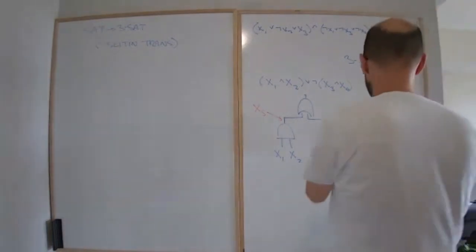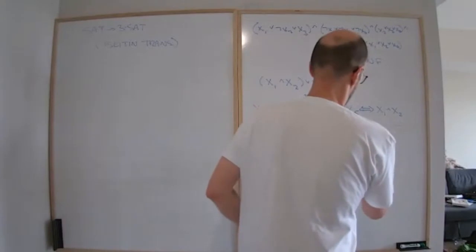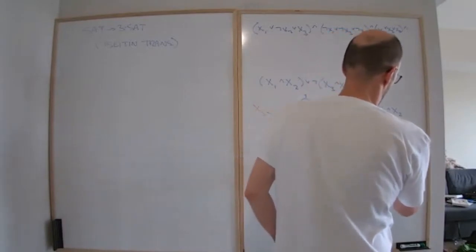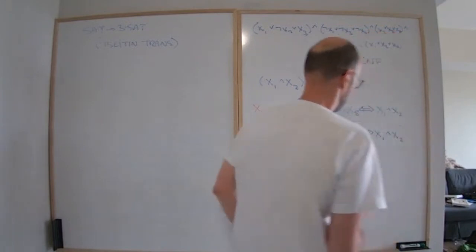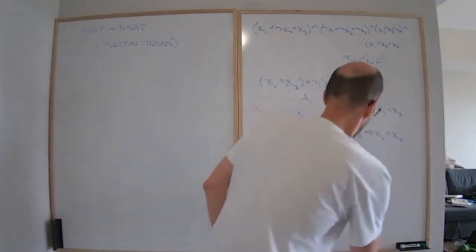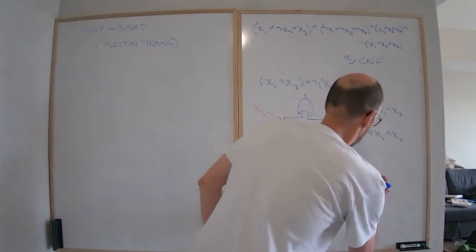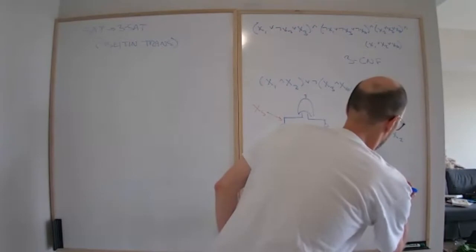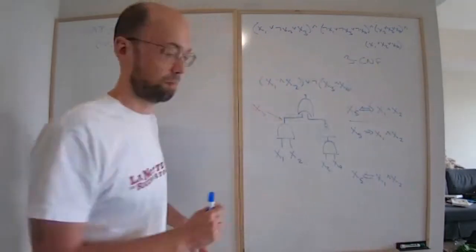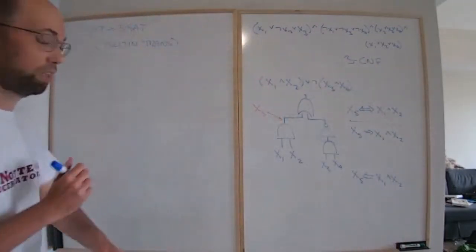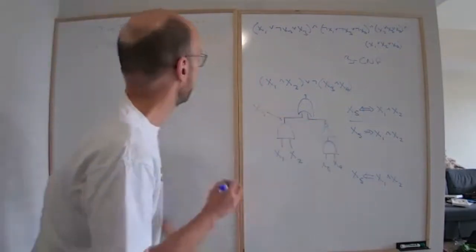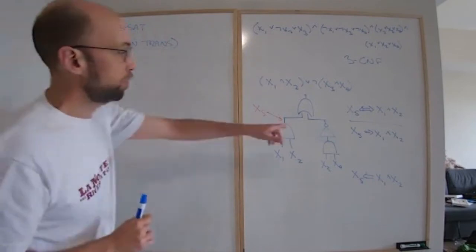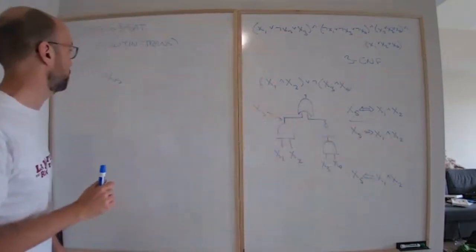And now this breaks down into, that's equivalent to saying x5 implies x1 and x2, and x5 is implied by x1 and x2. So over here, I'm just going to take this one through. x5 implies x1 and x2.